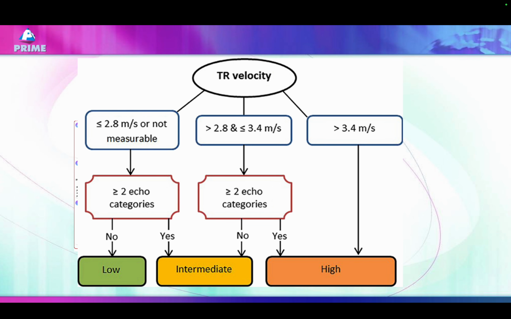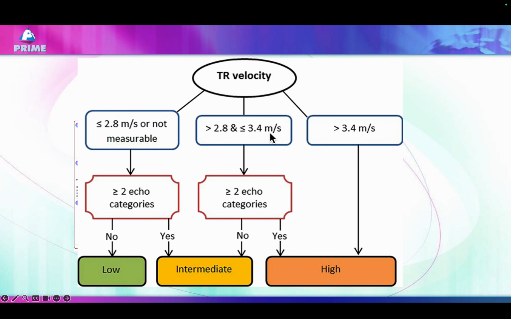Now most of the guidelines, including the recent European guideline 2023, which has been out for about 2 weeks now, say that if we are inaccurate in calculating the exact PA pressure, what should we do? Now they say we should write only the probability.